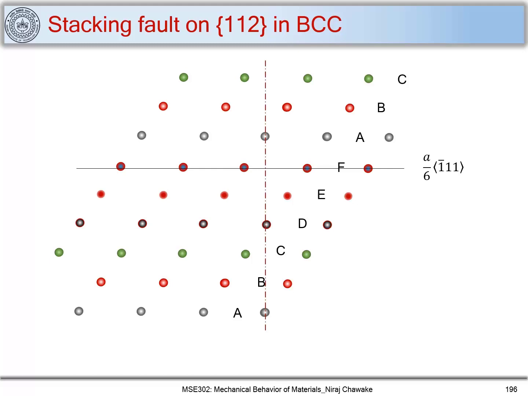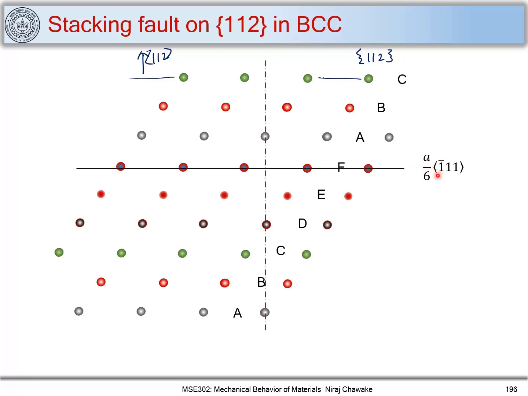You have this direction to be a 112 type of direction, and thus all these planes will be 112 type of planes, because this direction is 112, and we have a glide on this 112 type of planes along this direction.